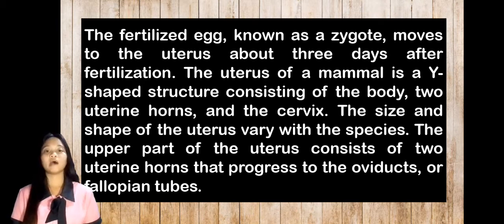The uterus of a mammal is a Y-shaped structure consisting of the body, 2 uterine horns, and the cervix. The size and the shape of the uterus vary with the species. The upper part of the uterus consists of two uterine horns that proceed to the oviducts or fallopian tubes.